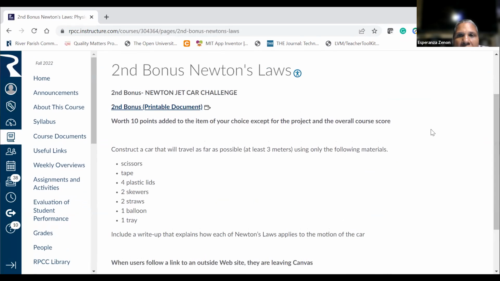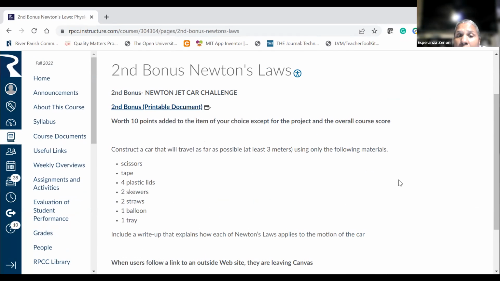Okay, this second bonus deals with Newton's laws, and I call it my Newton jet car challenge. This bonus is what I like to call flexible, because it's worth 10 points, but you can add it to several of the assignment types that you've come in contact with.